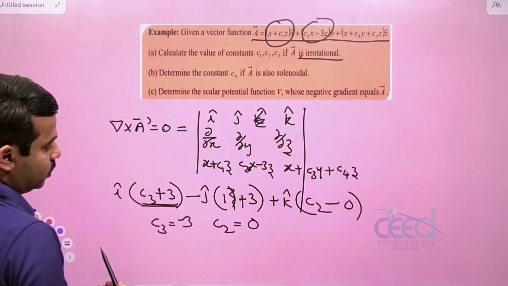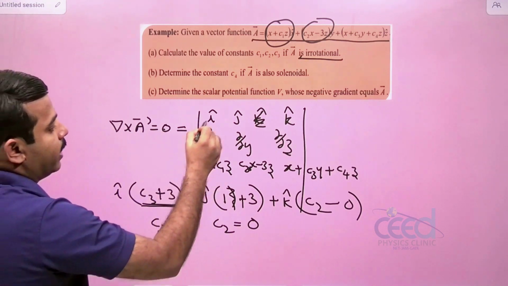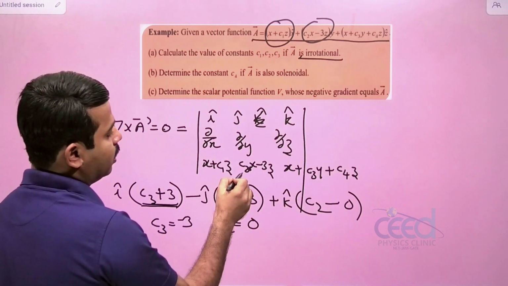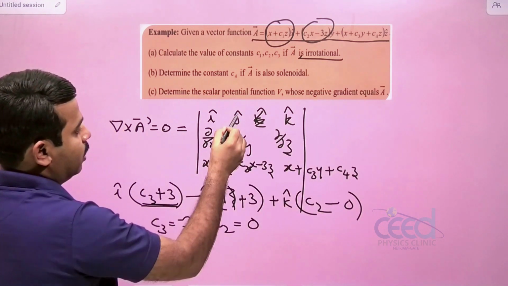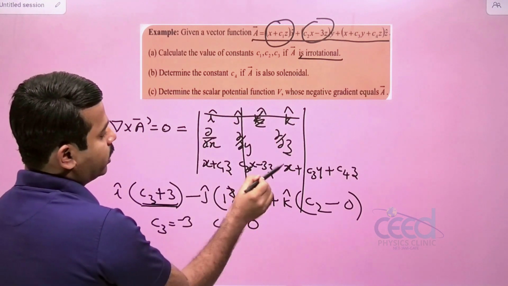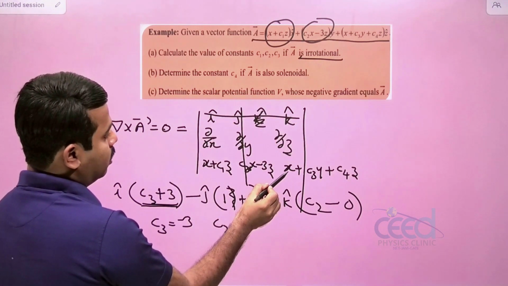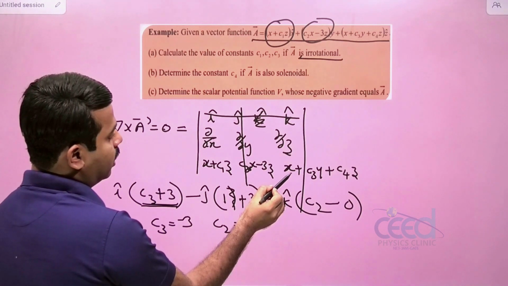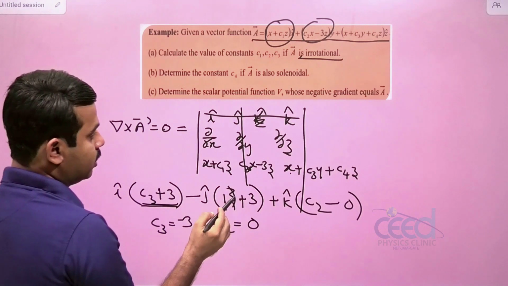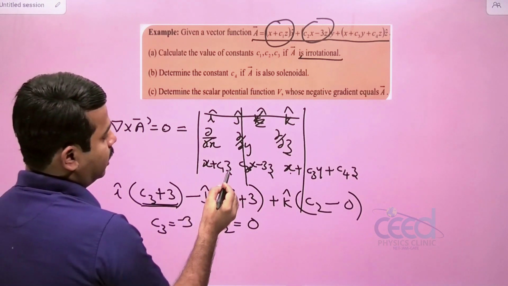And what about C1? So i cap dou by dou y, C1 is not coming here. Here also C1 not coming. Minus j cap into this dou by dou x of 1, only 1 coming.